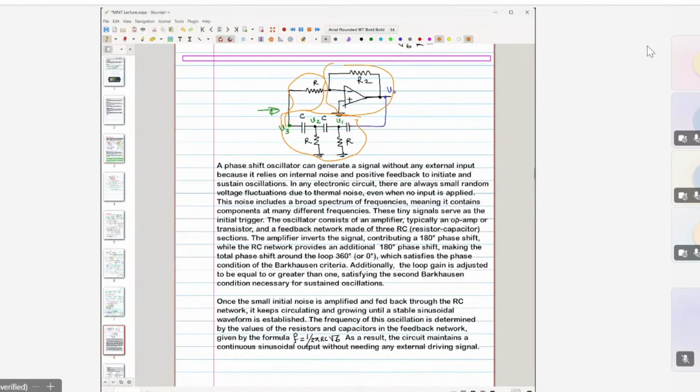Okay. Now, a couple of important points, we'll quickly go through them. A phase shift oscillator can generate a signal without any external input because it relies on the internal noise and positive feedback to initiate sustained oscillation. For example, here we have not given any input signal, right?